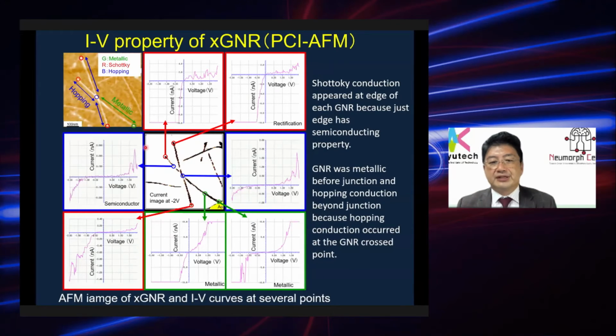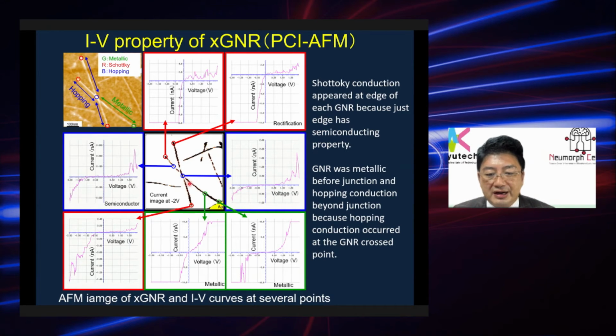And the cross structure was also measured. The cross structure of GNR is measured like this, and only this part is connected to the electrode. Then by using the conductive AFM, we measure the electric properties point by point.